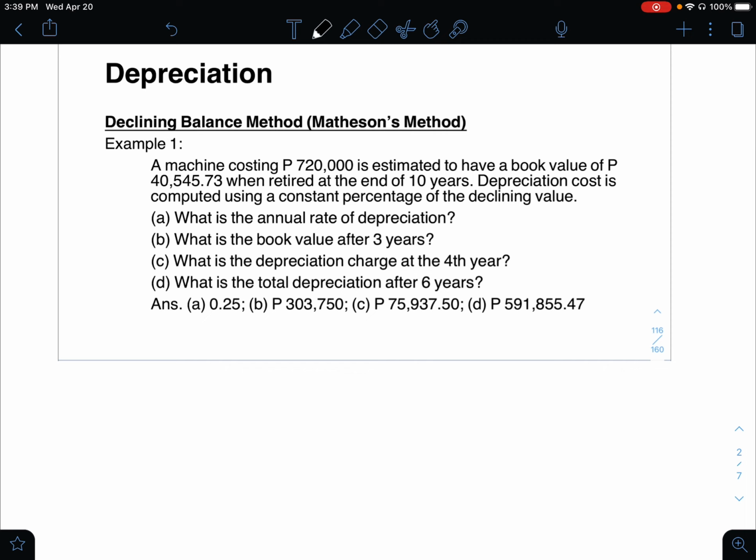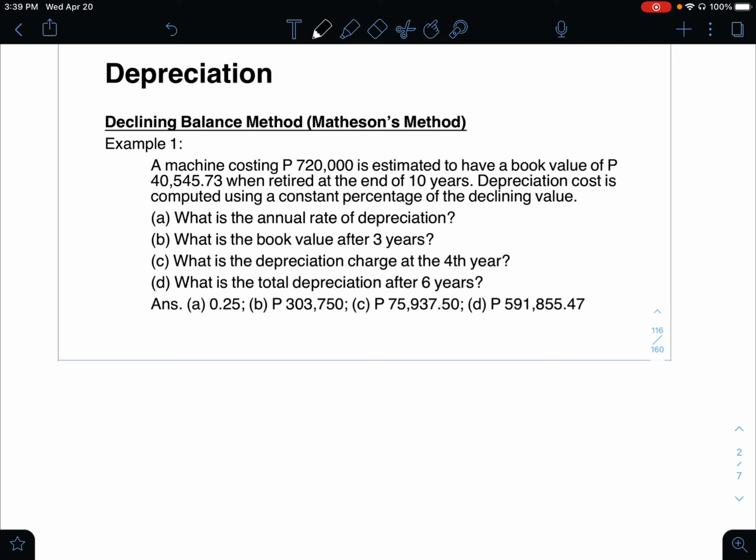Let's have example number 1. A machine costing 720,000 pesos is estimated to have a book value of 40,545.73 when retired at the end of 10 years. Depreciation cost is computed using a constant percentage of the declining value.